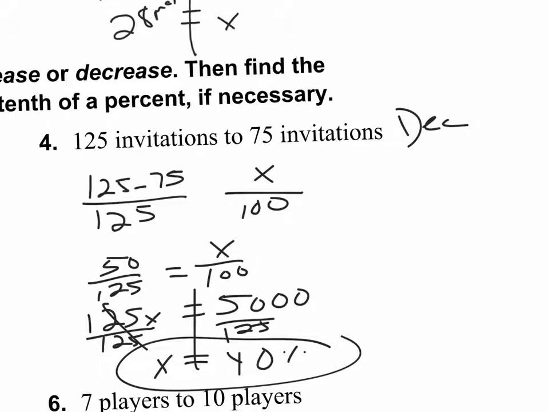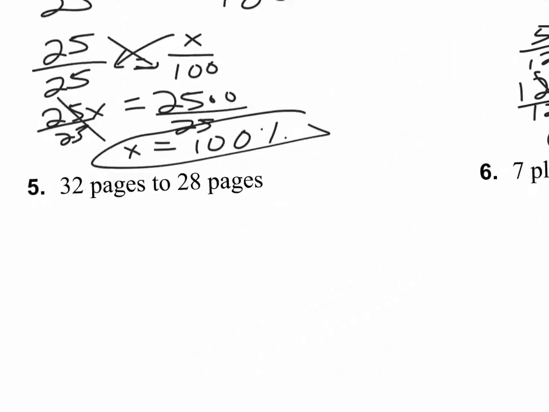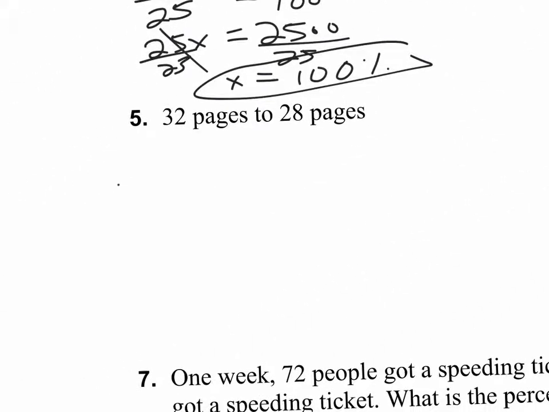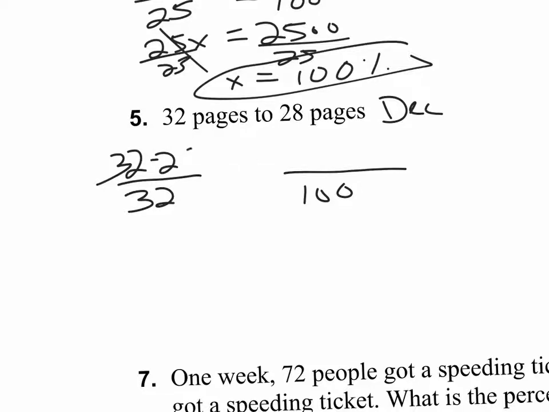All right, keep going. Now original always goes on bottom, so I'm going to put 32 on bottom. The first one's always the original. And then we're going from 32 to 28, so we're going down. So that's a decrease, and this is 100 on the bottom, okay? And then we do 32 minus 28 to get this, and we have x up top. So 32 minus 28 is 4, so 4 over 32 is equal to x over 100.